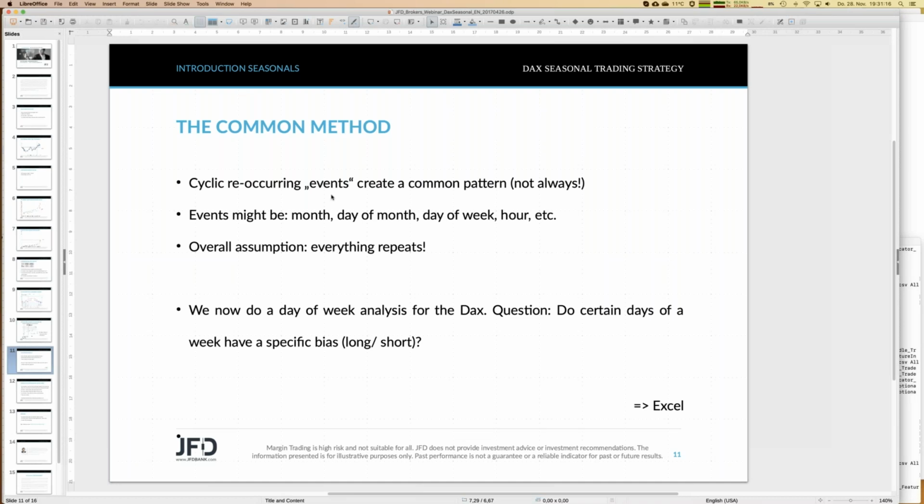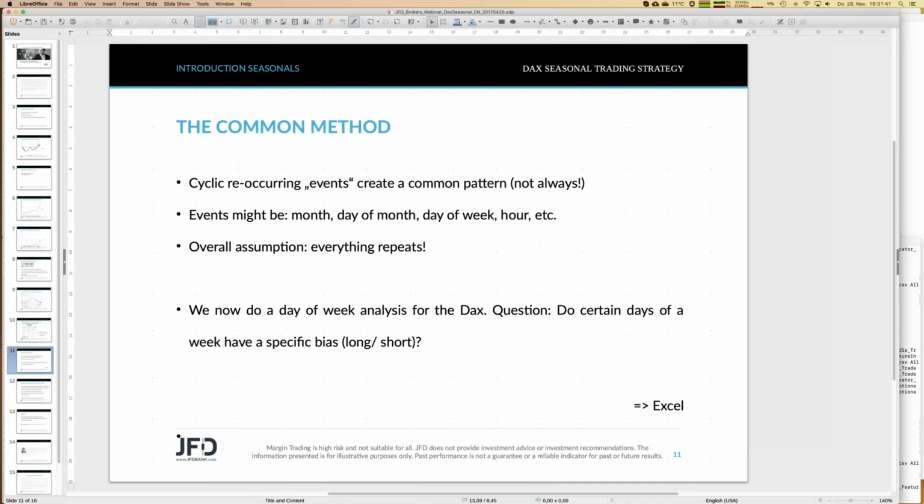But I put events here in, how's that called? No, let's call it brackets. Those events might be the months itself. So then we have stories like year-end rally, sell in May. That would be based on months. Or we might have stories day of the months.